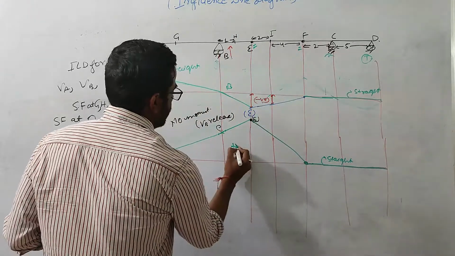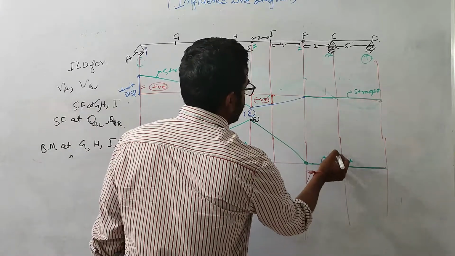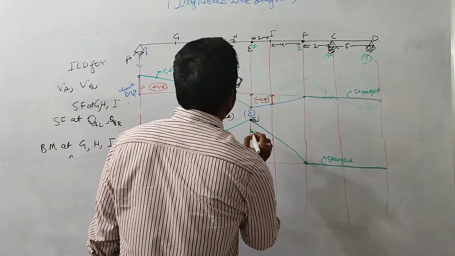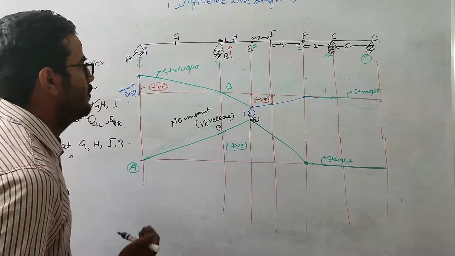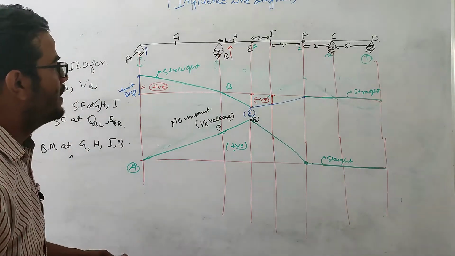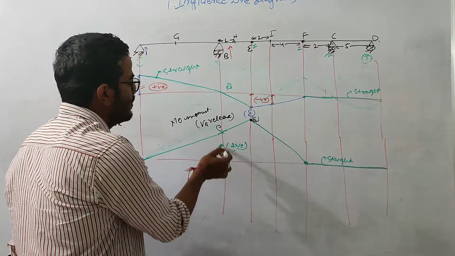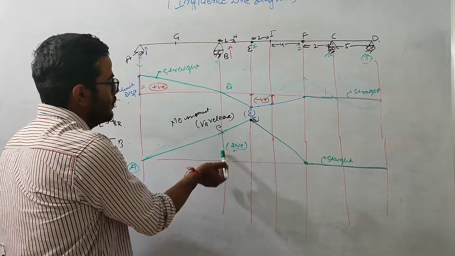This is positive. The meaning of which is that when the load is acting in this portion, the vertical reaction at B will always be 0. As you can see, we are always maintaining the boundary condition. At this point, the slopes are equal, but we are releasing the vertical reaction, so this beam moves upward.